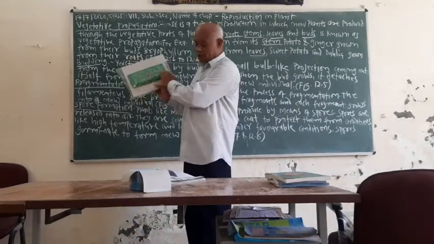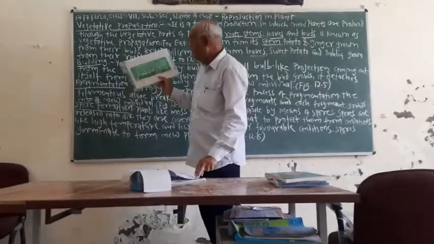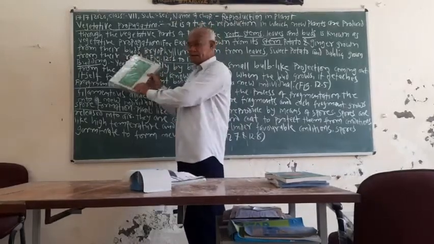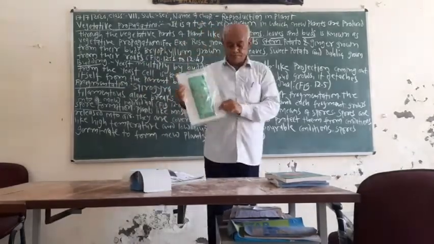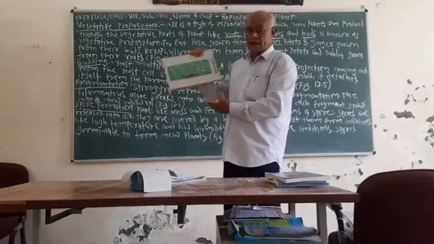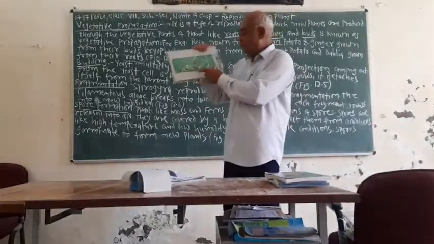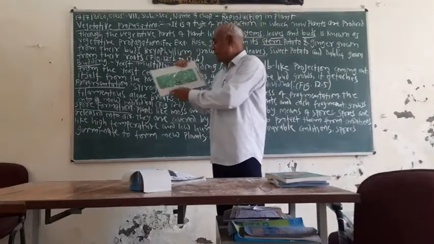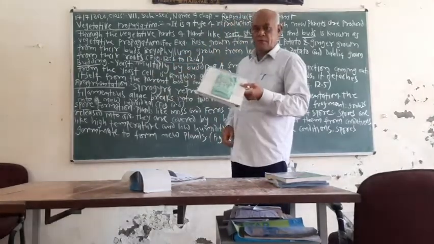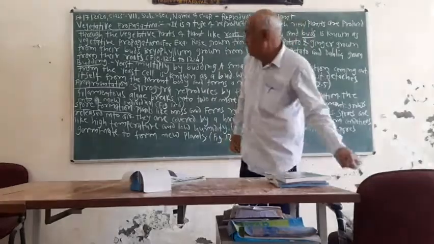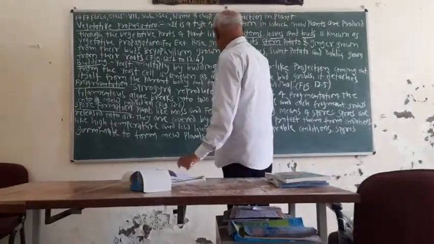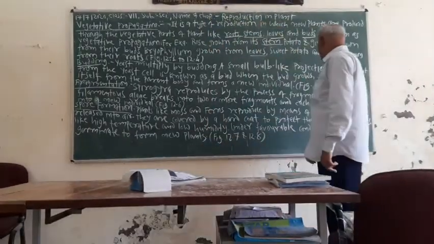This is the Spirogyra, which is given on page number 136. It breaks from the center, then there are two Spirogyra algae from one. Therefore, Spirogyra reproduces by the process of fragmentation.